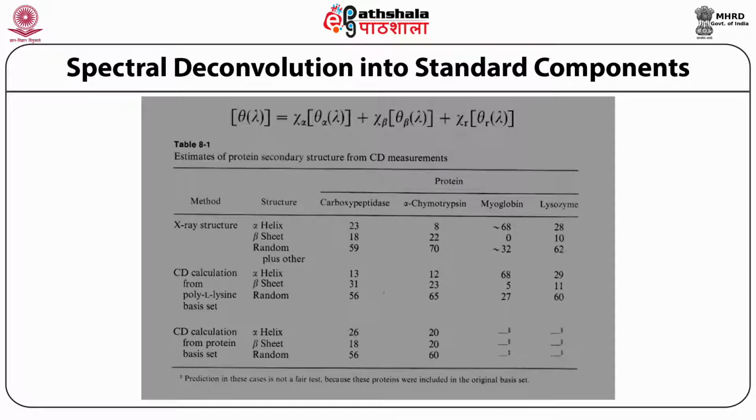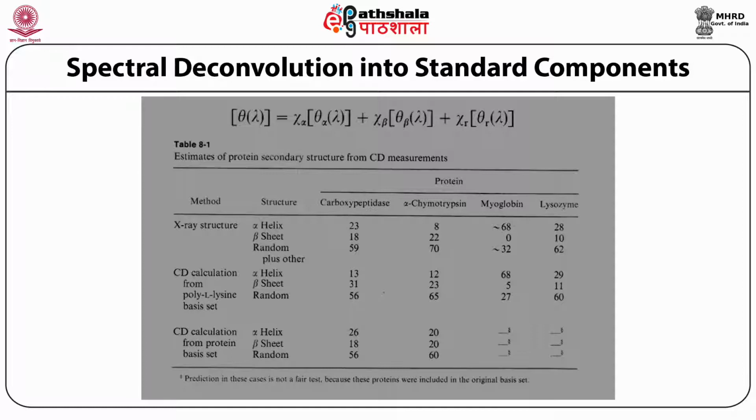For beta sheet content, carboxypeptidase has 18%, alpha chymotrypsin 22%, myoglobin 0 because it is purely alpha helical, and lysozyme 10%. The random coil percentage is very high in carboxypeptidase and alpha chymotrypsin, around 30% in myoglobin, and 62% in lysozyme.